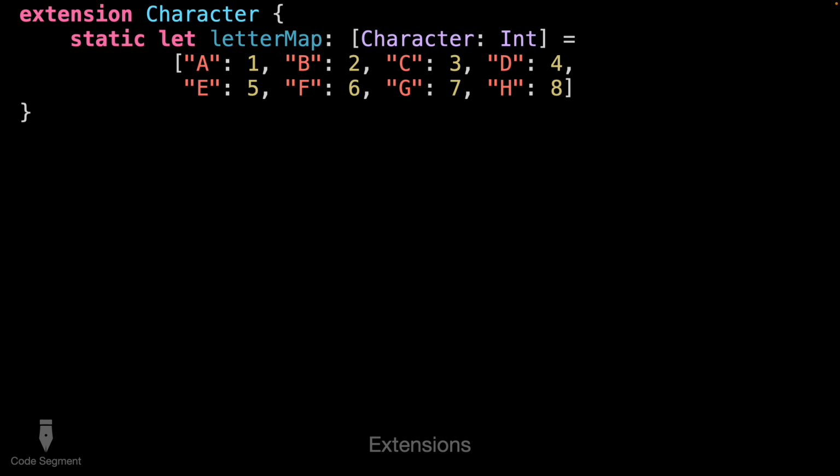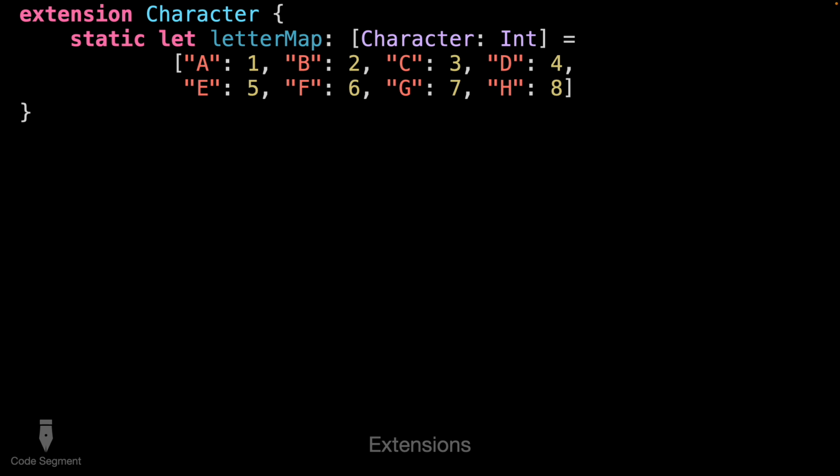Cool. So anytime you have a character type, which in Swift, a string with only one character in it can also be used as a character type, then you can call .lettermap on it and pass it a character.